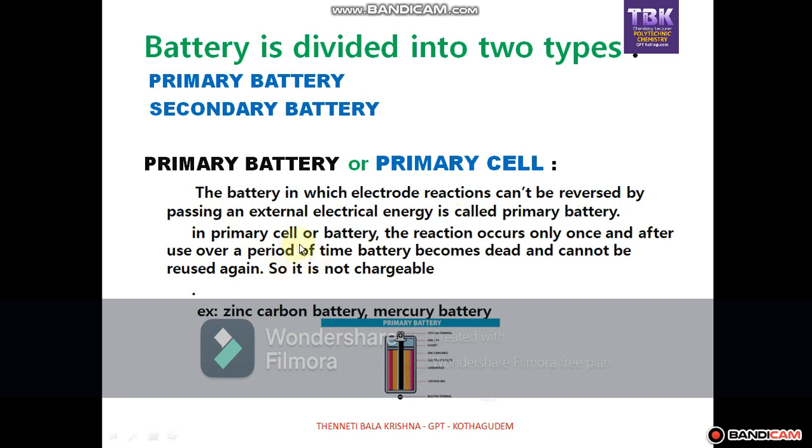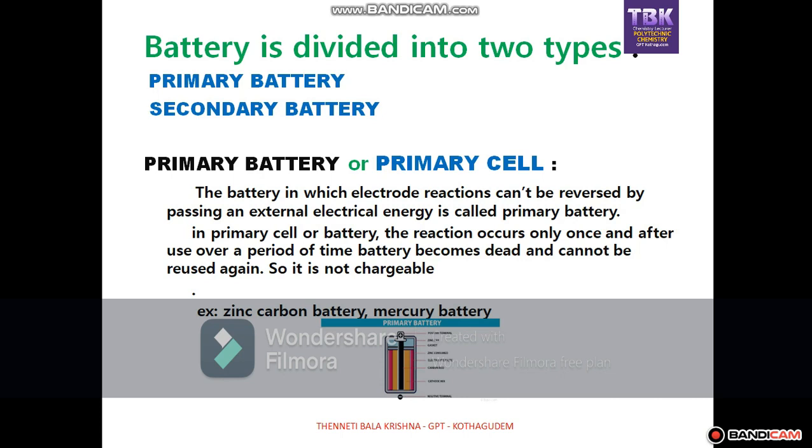In a primary cell or primary battery, the reaction occurs only once, and after use over a period of time, the battery becomes dead and cannot be reused again. So it is not chargeable. The battery or cell which is not chargeable is called a primary battery or primary cell.